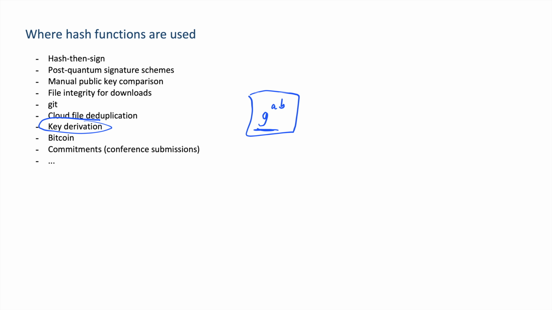It's very structured because it belongs to a very structured group. But then the idea is you can just use a hash function to hash this thing to a bit string. And then you can use this bit string for your AES or something, so to encrypt stuff, let's say.